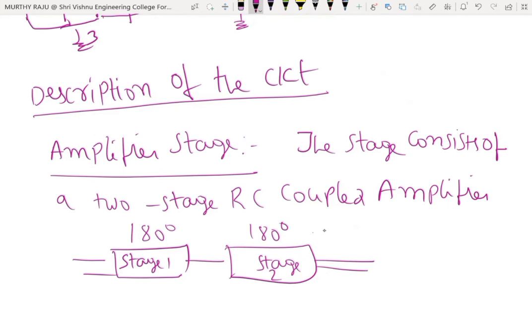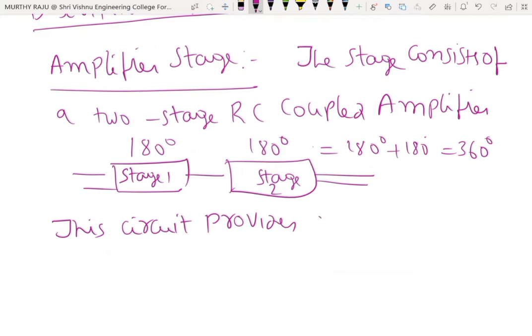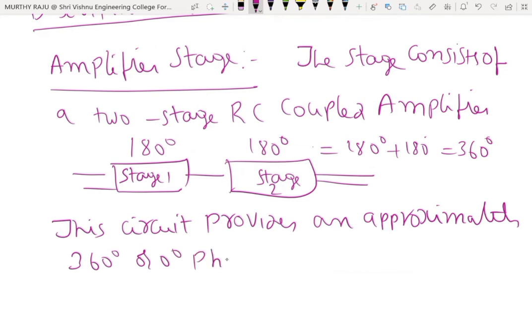Total phase shift is 180 degrees plus 180 degrees, that is equal to 360 degrees. This circuit provides approximately 360 degrees or 0 degrees phase shift.